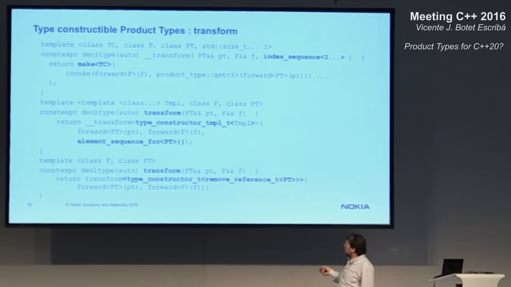And this auxiliary function would call make, invoking the function with each one of the arguments. We are constructing here a new product type with these elements that are expanded here.